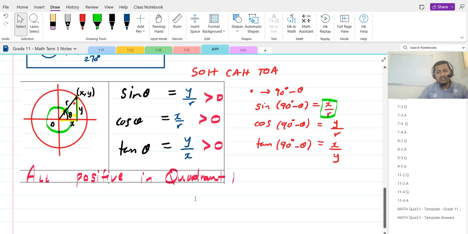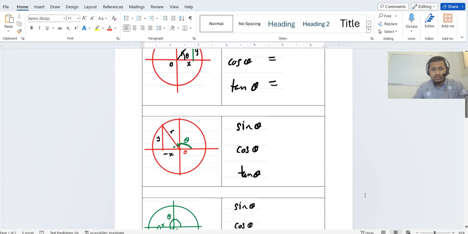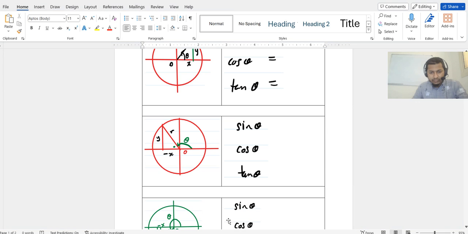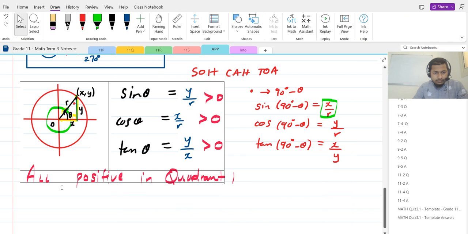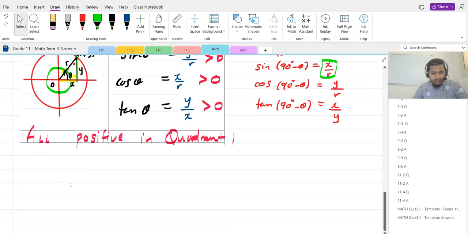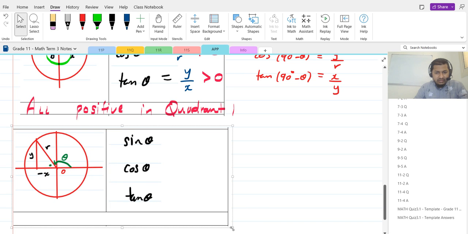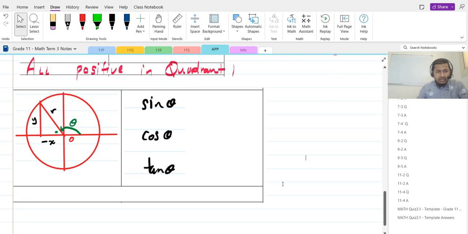Let's look at the second quadrant. You'll understand this better. So here we have the second quadrant, and if you try to find sine theta, now this is the theta angle, right? So this is 180 minus theta.